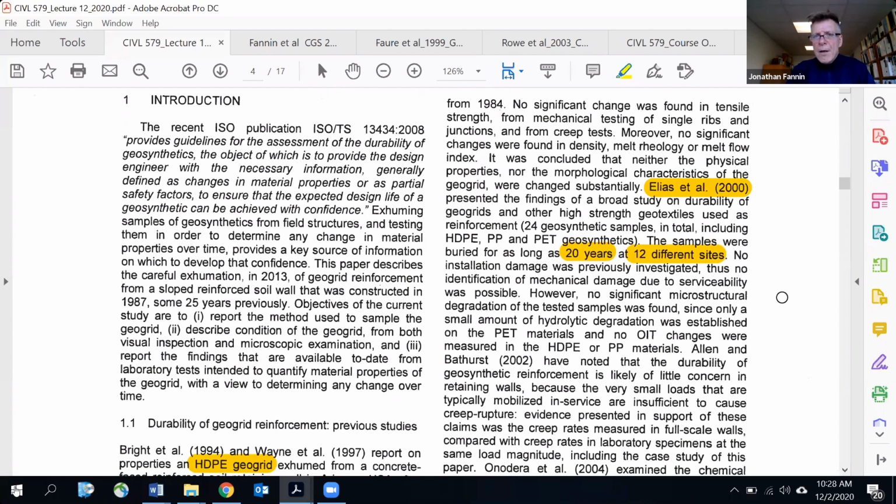And once again, no installation damage was previously investigated. Thus, we can't separate the serviceability, or let's call it the installation damage, and then the elapsed time. Maybe we can elevate our consideration of durability to be installation and the service life. However, by and large, they didn't see any evidence, no significant evidence of damage.